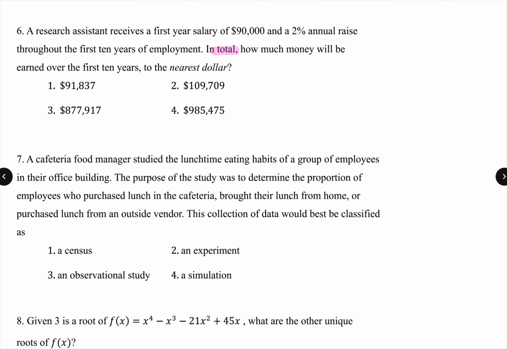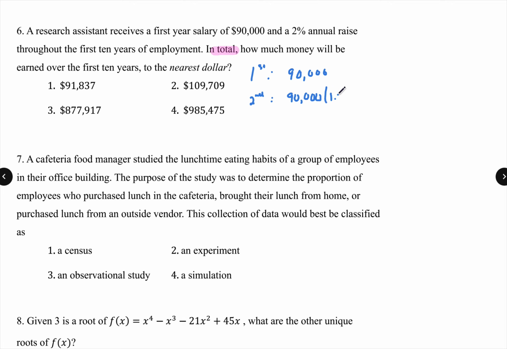In this case, I would just grind it out and say, in my first year, how much did I make? I made $90,000. In my second year, what did I have to do? I had to take my $90,000 and give a 2% raise. Well, what's a 2% raise?